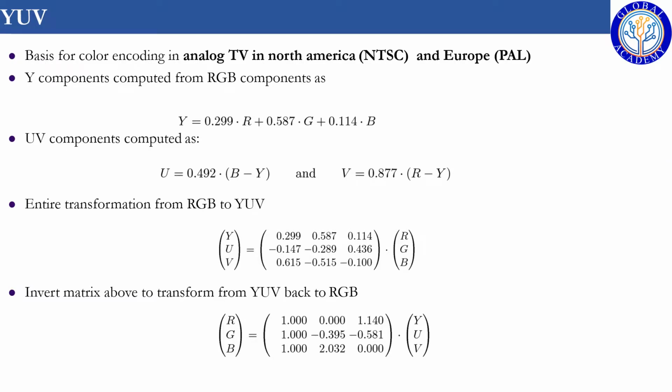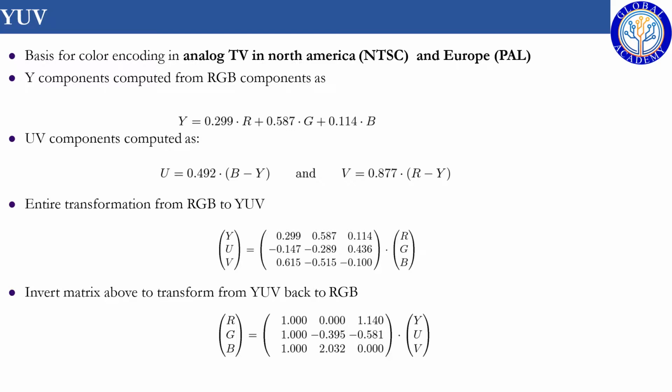YUV is another color space which is very close to YIQ. The Y component is the same and is used in analog TV, in North America as the NTSC standard, and in Europe as the PAL standard. We can compute the Y component using a scaled sum of RGB, and similarly the U component considering blue and yellow, and then the V component using red and yellow.